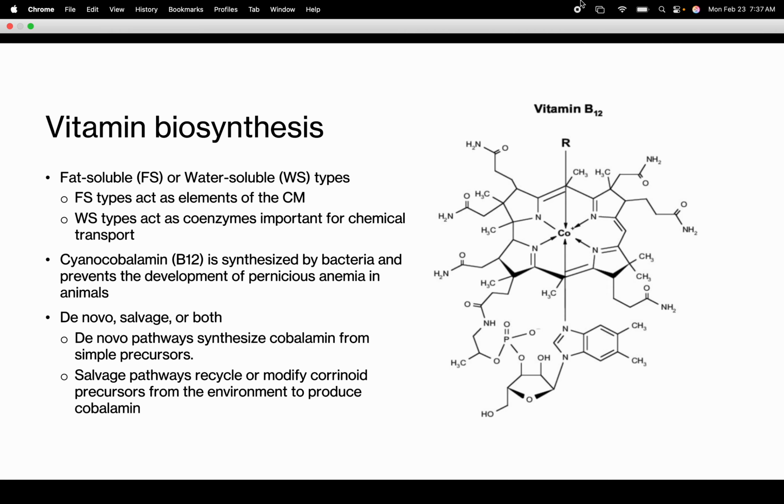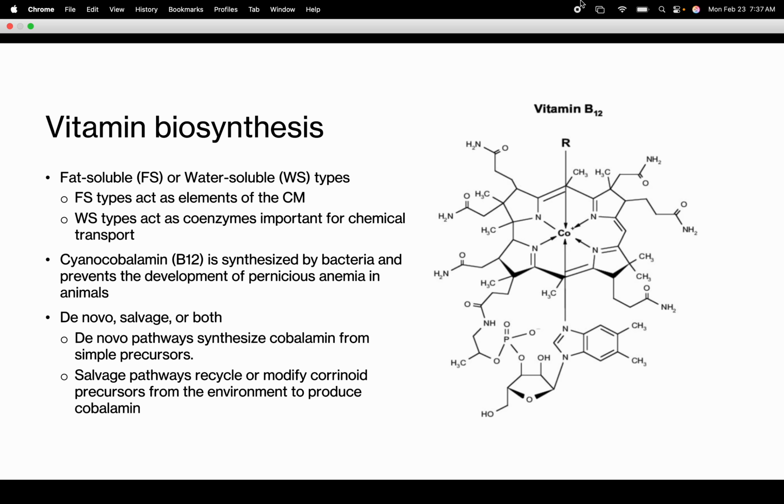Now let's cover vitamin biosynthesis. Vitamins, in the case of microbes, are also categorized into two: fat-soluble ones and water-soluble ones. Fat-soluble vitamins and factors are usually components of the cell membrane, while water-soluble ones act as coenzymes important for chemical transport.